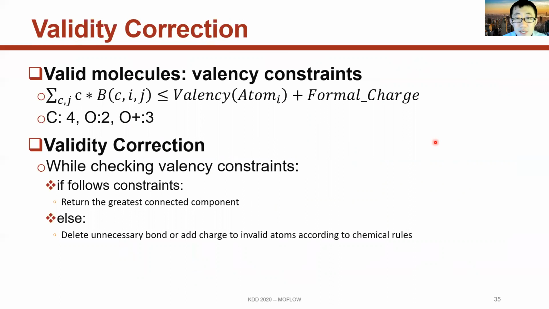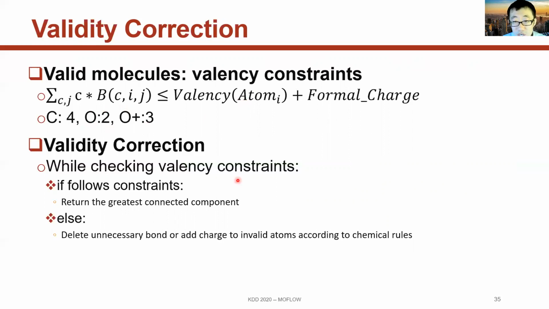We check the valence constraints by this equation. The number of bonds linked to one atom i should be smaller than or equal to the valence of this atom plus its formal charge. For example, a carbon atom can have 4 bonds. An oxygen atom usually has 2 bonds and up to 3 bonds when it has extra charge.